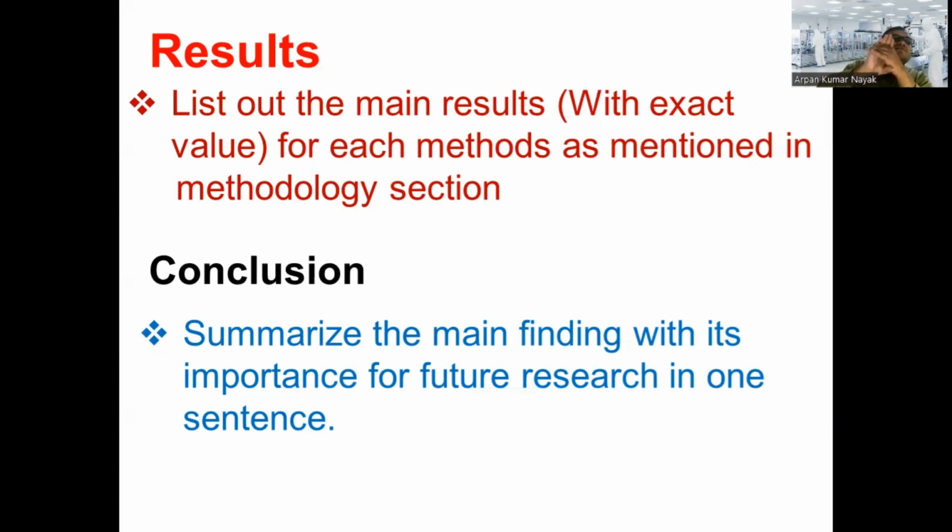The final one, conclusion, in which you state the best finding among all, and what the future application for that will be. That's why you can say it is a potential candidate for this application, and it can be used for this application or for this generation.